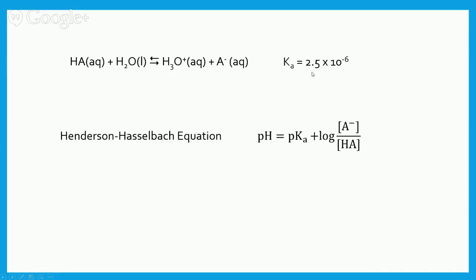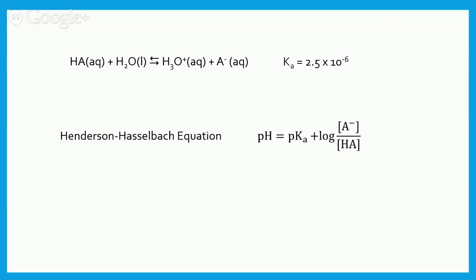To do these calculations, we're going to use the Henderson-Hasselbalch equation instead of an ICE table. ICE tables work, but by this point, the Henderson-Hasselbalch equation is usually a little quicker and easier to use. And let's face it, by this point in the course, you're probably sick of doing ICE tables after, what, two and a half chapters, depending on what you talked about.